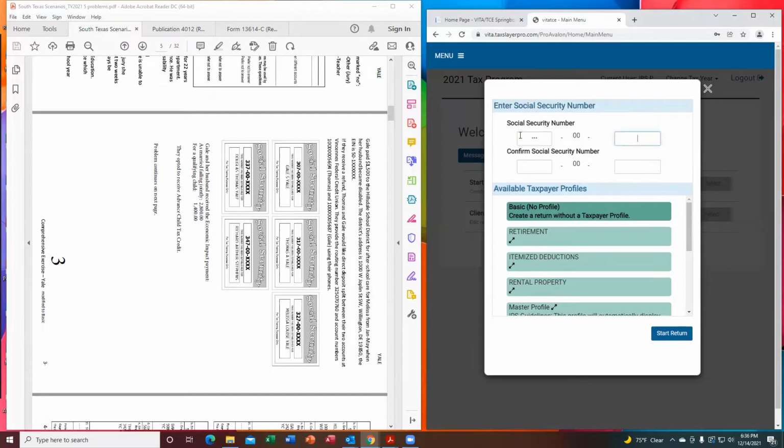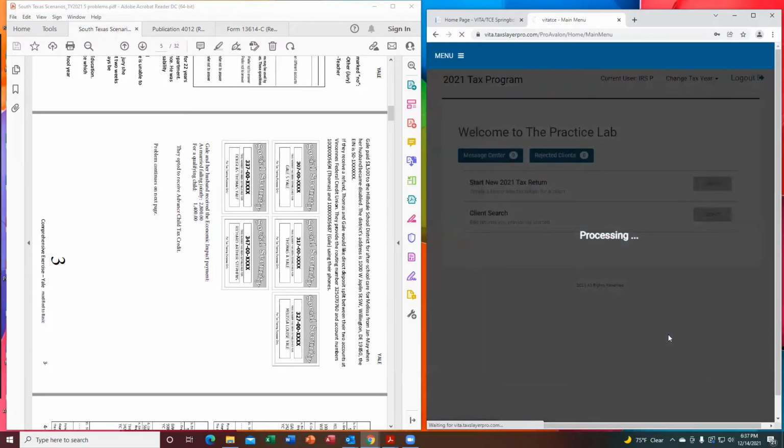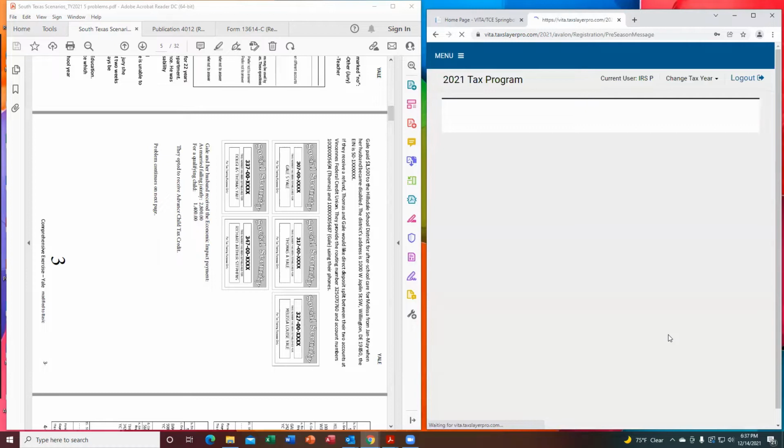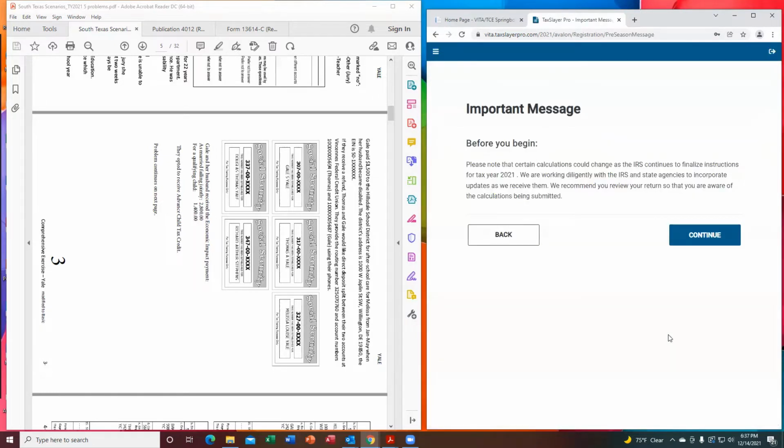And I'm just going to tab. The last 4 digits, you can make whatever you like. In this case, they didn't provide us with one, so I just added 4250 at the end.